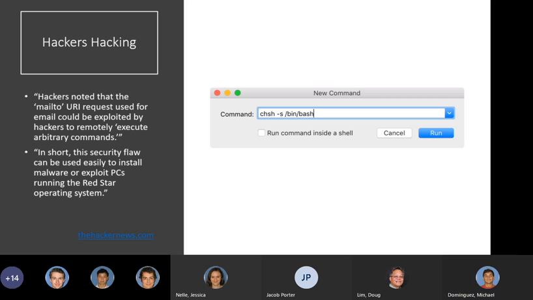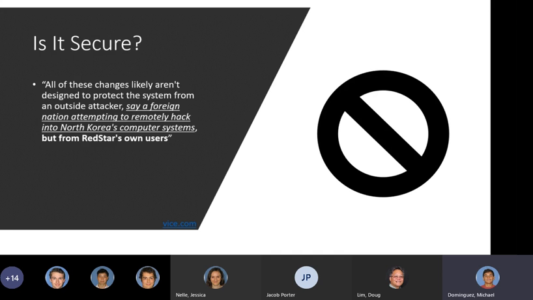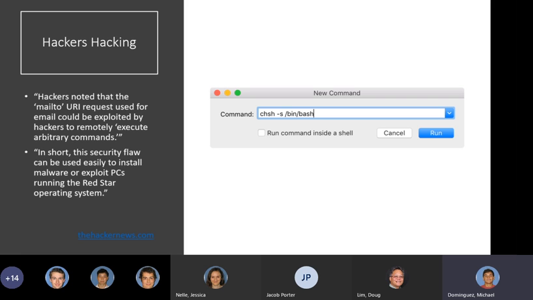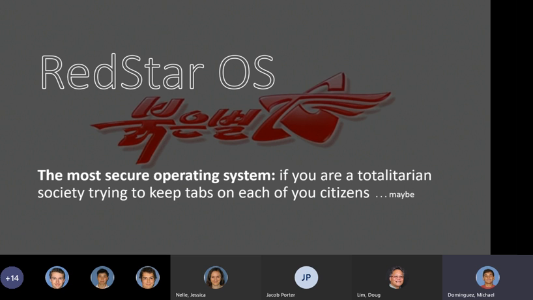So that also talks about, or we could see that it's secure, but it's only secure because it's trying to keep people from changing the operating system or being able to get outside the internet that it's currently on. But it's not secure whenever people are trying to hack into the system. So in short, what is Red Star OS?